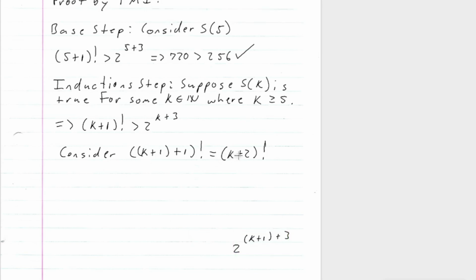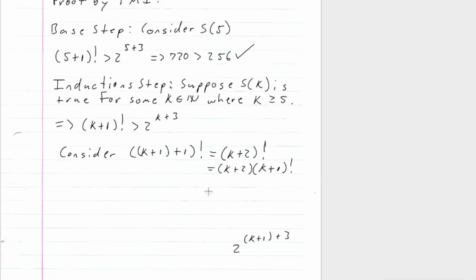So we know k plus 2 factorial is the same thing as k plus 2 times k plus 1 factorial. And from our induction step, we know that k plus 1 factorial is bigger than 2 to the k plus 3.